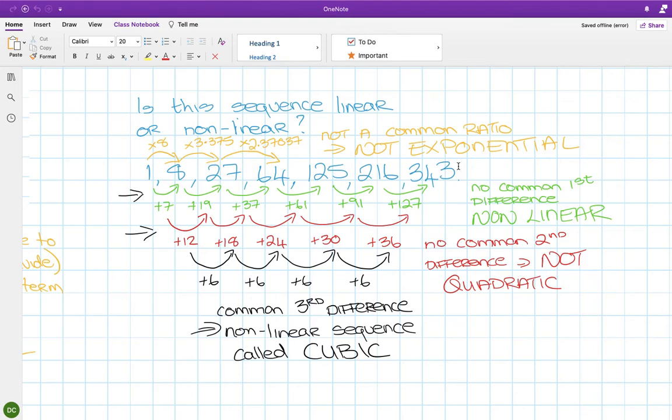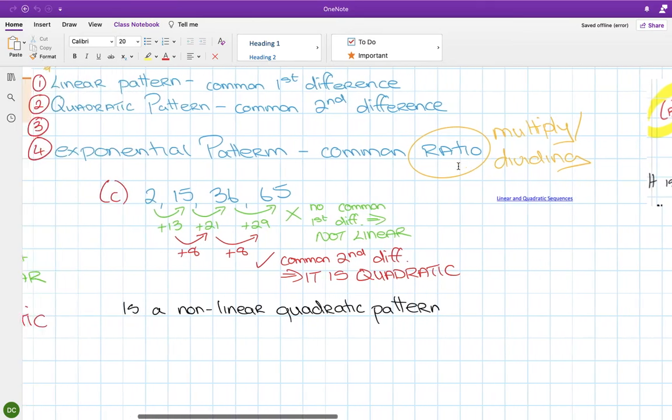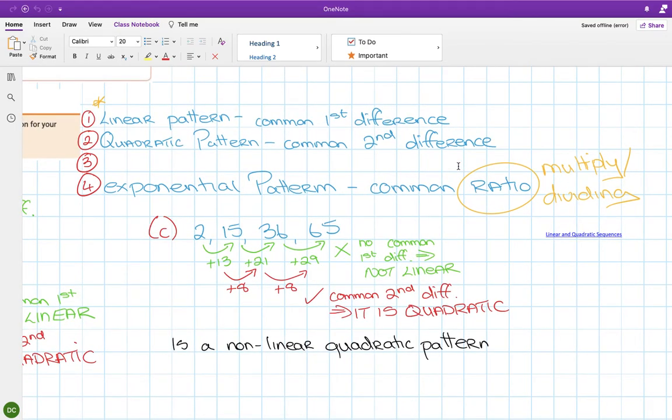So a linear pattern has a common first difference. A quadratic pattern has a common second difference. We've now learned that a cubic pattern has a common third difference.